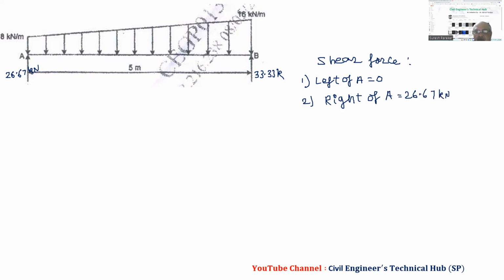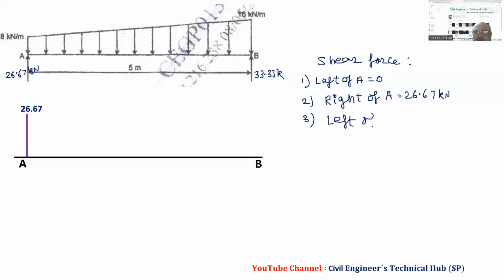Then we have left of B, so we have 26.67 minus, due to UDL, 8 into 5 which is 40, minus, due to UVL, half into 8 into 5 which is 20, and this will be minus 33.33 kilonewton.